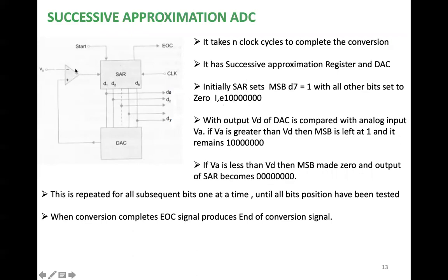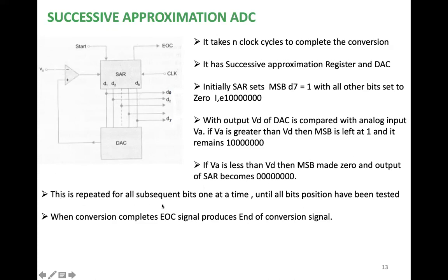Let's say for example that the analog input you are giving here is less. Then what happens? This 1 will become 0. If VA is less than VD, then the MSB is made 0 and the output of SAR becomes totally 0. So it will only compare and check: if VA is greater, the same thing is retained. If it is low, then it is made 0.